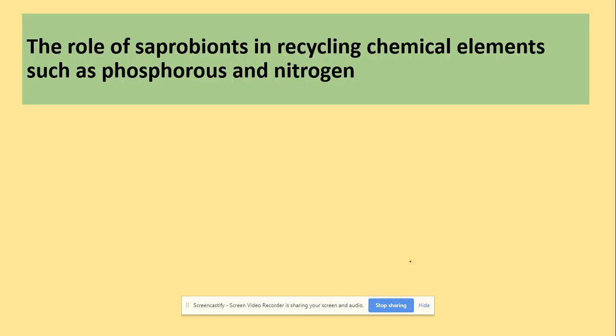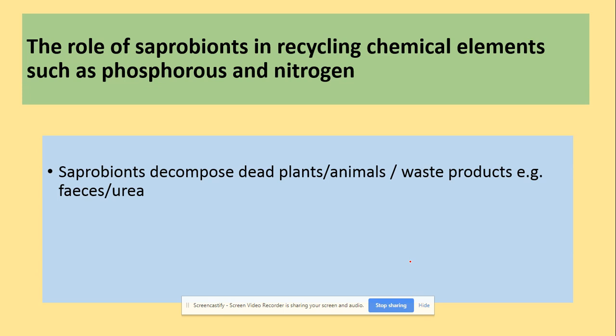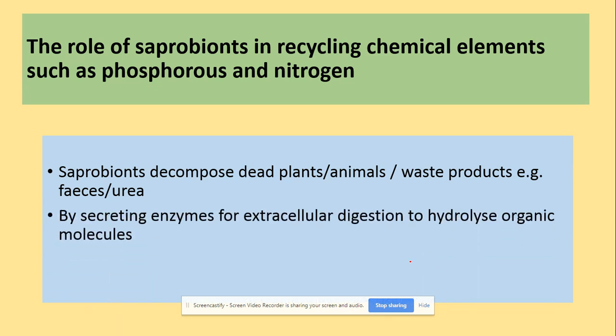So two more things in terms of the specification. The first is the role of saprobionts in recycling chemical elements such as phosphorus and nitrogen. So what's the job of them? Saprobionts will decompose plants, animals, and waste products, for example, urea or feces, by secreting enzymes for extracellular digestion, so extra, outside, to hydrolyze organic molecules, and saprobionts will absorb soluble needed nutrients.